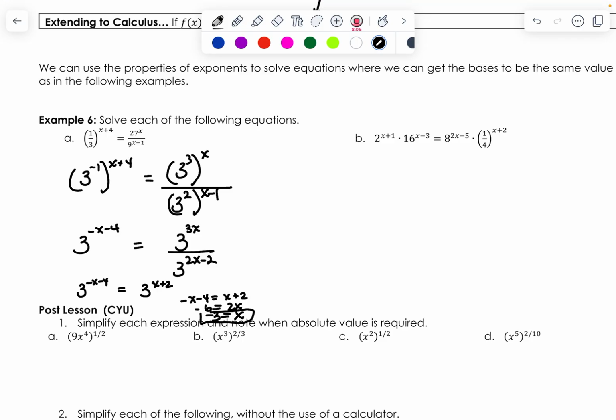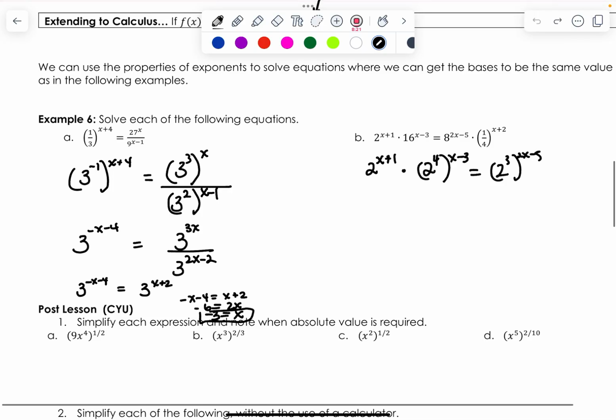All right. In letter B, 16 is 2 to the 4th. 8 is 2 cubed. 1/4 is 2 to the negative 2.